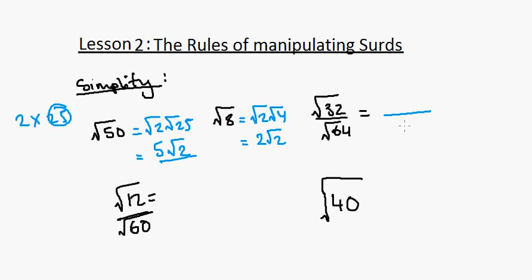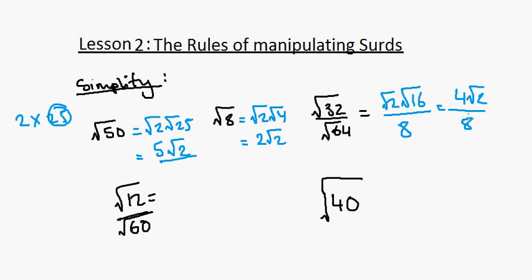That is the same as 8. We can have 8 here, and then the factors of 32, we have 2 times 16. 16 is a square number, so we have root 2 root 16. Root 16 is the same as 4, so we have 4 root 2 over 8.